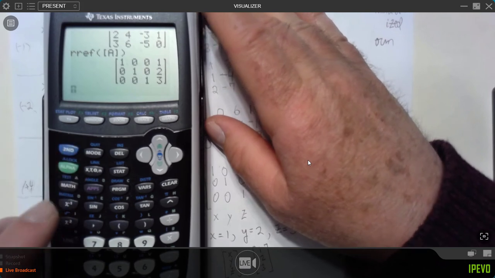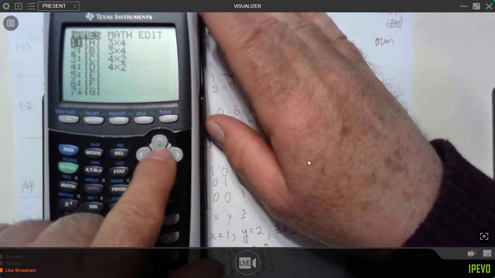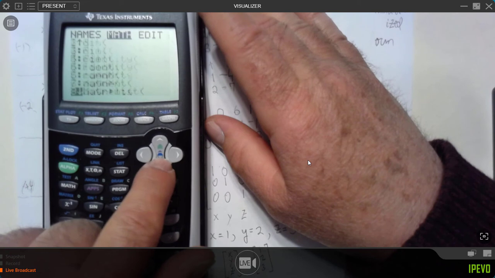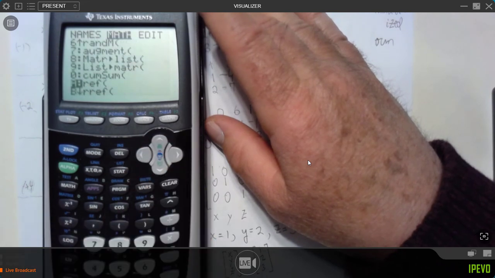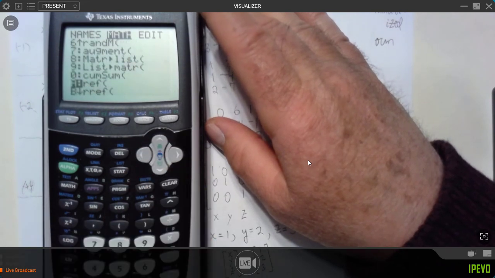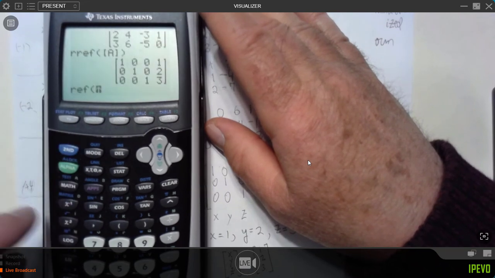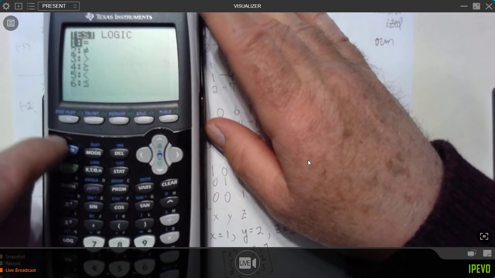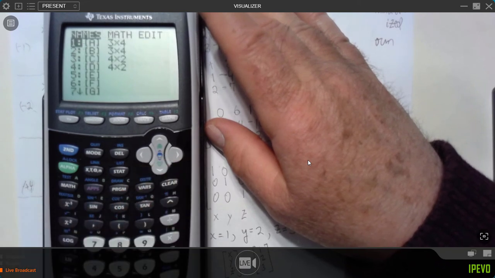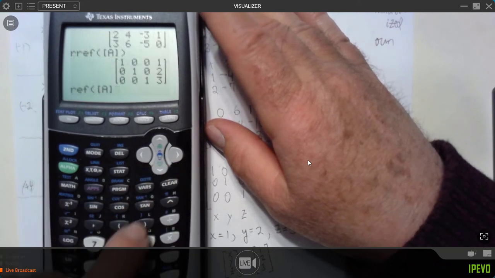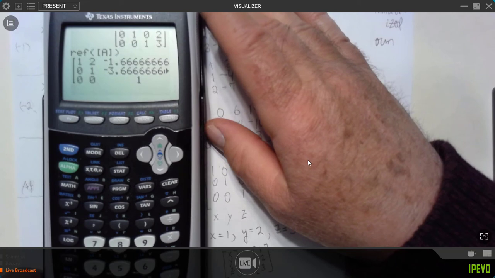Now this also has the REF. So if I go to second matrix math, scroll down here right above RREF, I have the row echelon form. And this will, whoops, wrong menu. This will give it to you. So there it is.